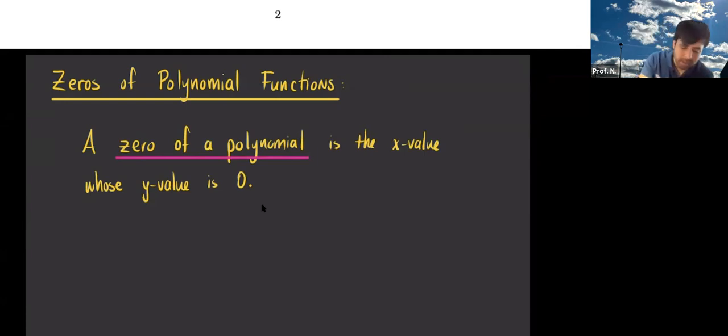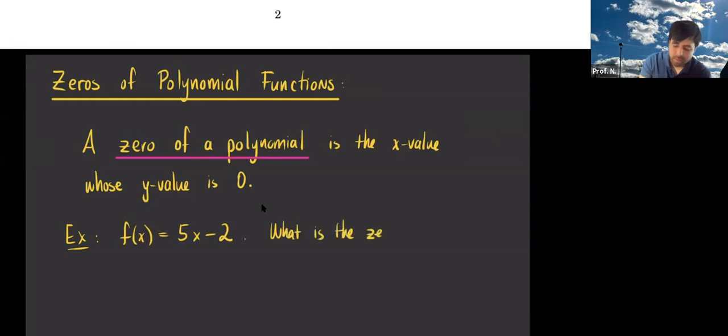So for example, let's start small with this. If I say the function here is 5x minus 2, and this is a polynomial, a first degree polynomial, a linear function. I want to say, what is the 0? What do we have to do? We have to set the function equal to 0. Why do we do that?